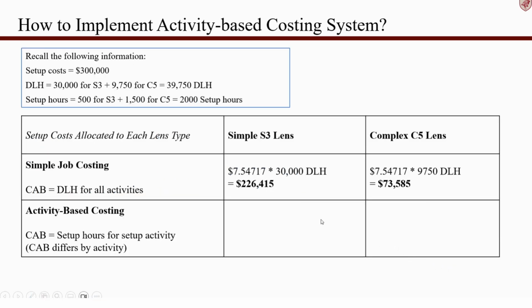Now let's come back to comparing the simple versus complex lens when they apply the simple job costing versus the activity-based costing.